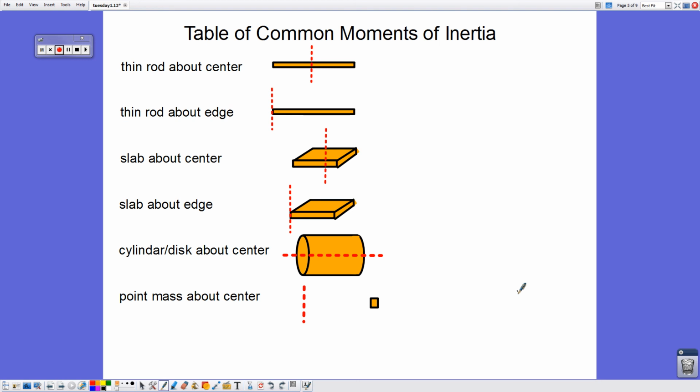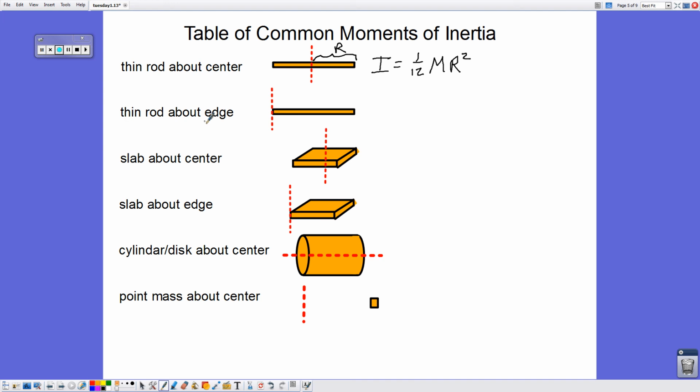Alright, now, here's a table of common moments of inertia. If you have a thin rod that rotates about its center, so the axis of rotation is represented by the red line, where this is R, then I equals 1/12 total mass of the rod times R squared.